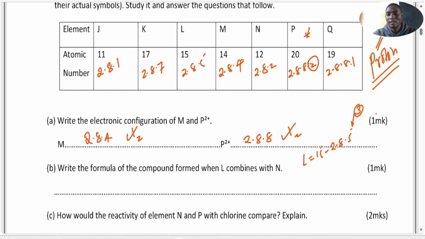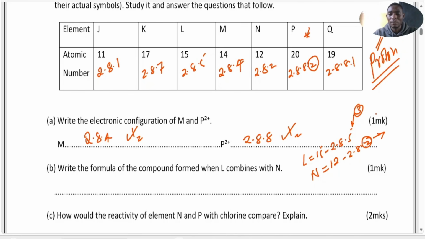There are 8 electrons in its outermost energy level. That is L. And then we have N, which has 12 protons. Its configuration is 2, 8, 2, which reacts by losing the 2 electrons in the outermost energy level.